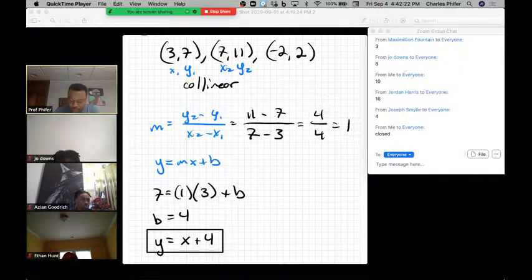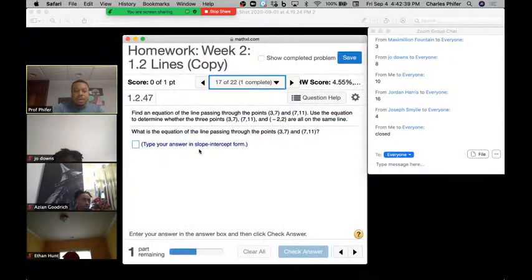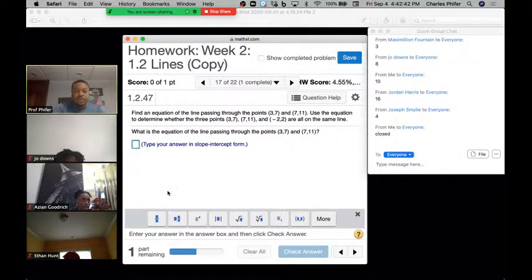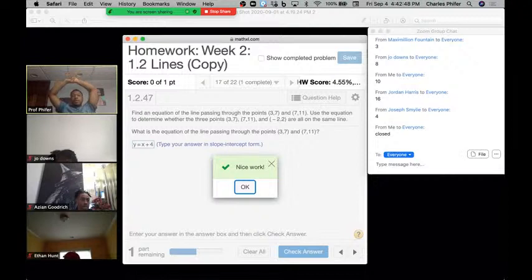We get 3 plus 4 is 7. 7 plus 4 is 11, so we're good to go there. And negative 2 plus 4 is indeed 2, right? So they all check out. Okay. So I think I was just adding wrong. I kept seeing 3 for some reason. Slope-intercept form, so that's y equals mx plus b. So we're going to say y equals x plus 4. Cross our fingers. We're good to go.